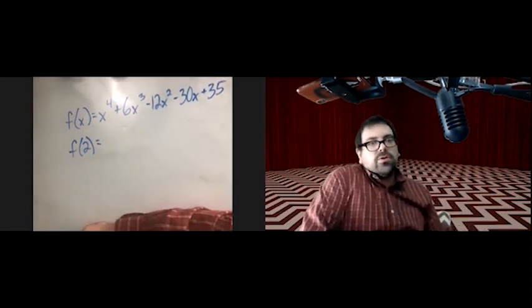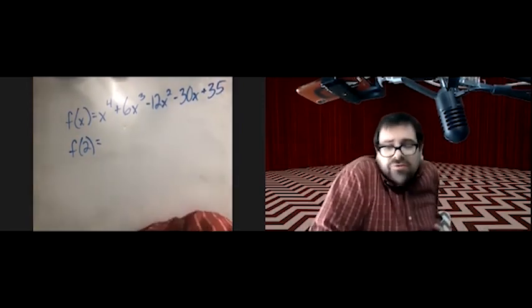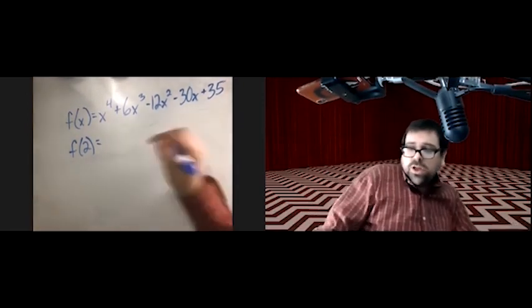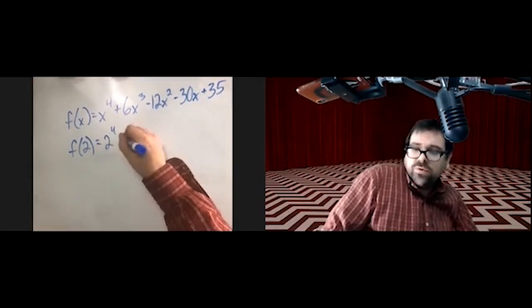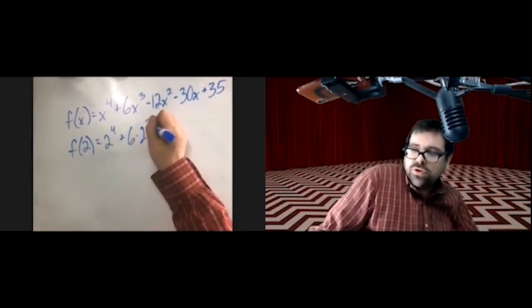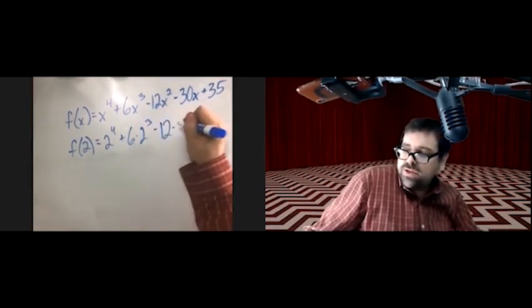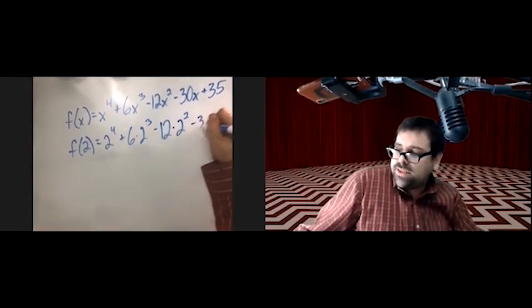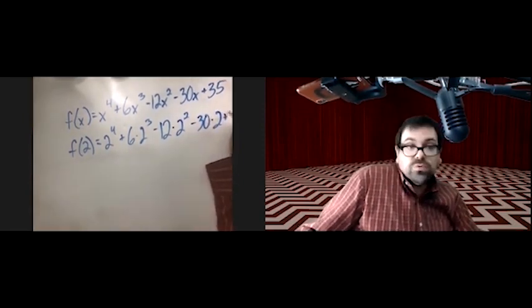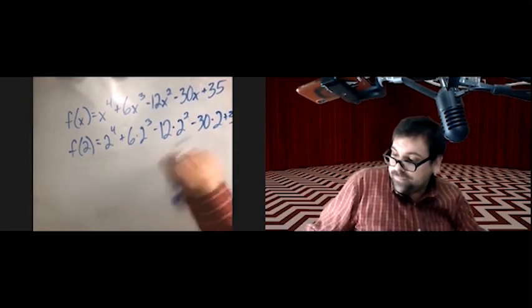Up until now, the only way we know how to find f of 2 is to plug 2 in everywhere. 2 to the fourth plus 6 times 2 cubed minus 12 times 2 squared minus 30 times 2 plus 35.